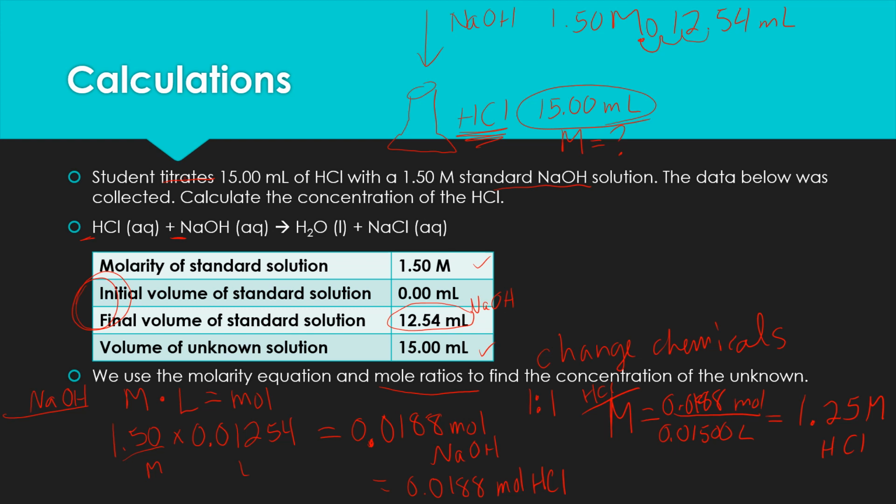Right? So if we react 15 milliliters of HCl with 12.54 milliliters of 1.5 molar NaOH, we can find that the concentration or molarity of HCl is 1.25 molar.